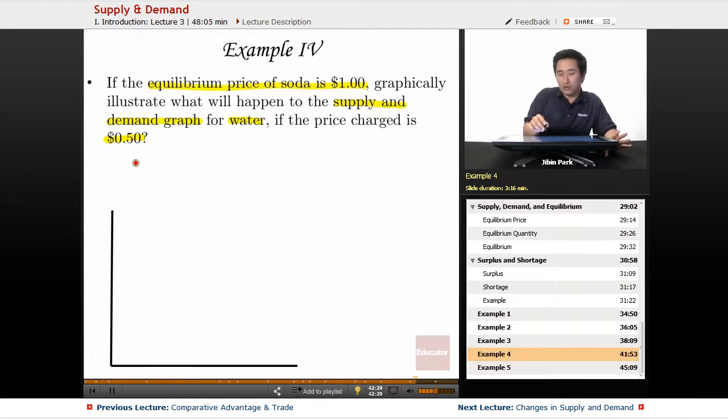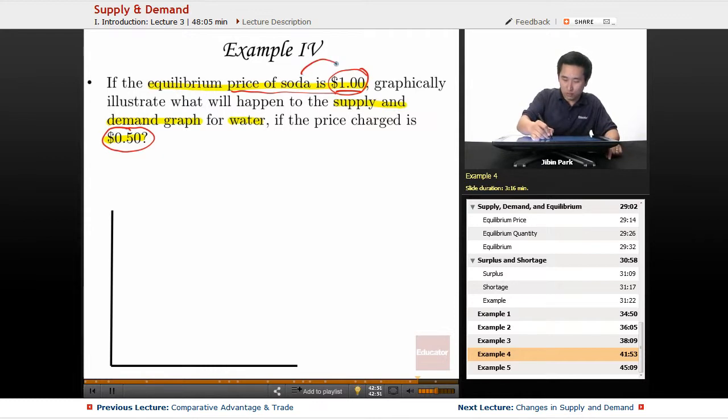Now let's go ahead and assume that the equilibrium price of water is also $1. So this could be a setup for a question. I only gave the equilibrium price of soda being $1. What happens if the price charged is 50 cents for water?